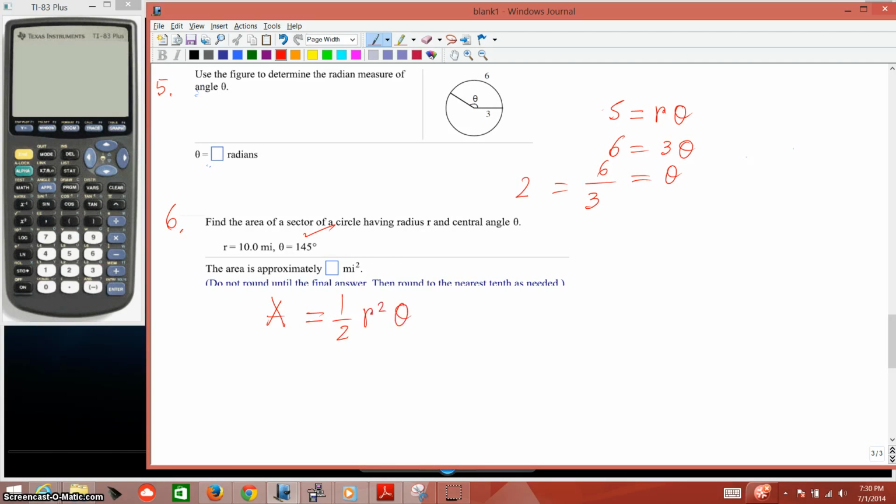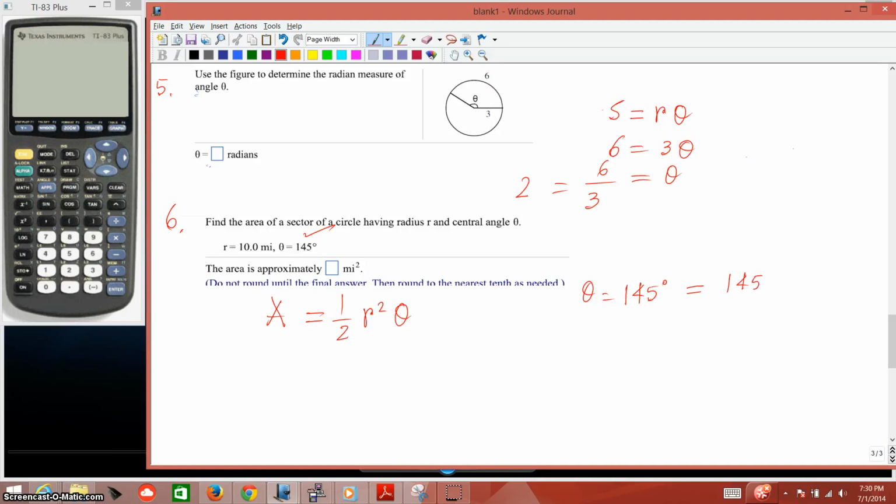If you just punch it in the calculator, you will get an incorrect answer, because you have to convert your theta to radians. That's the keyword: it has to be in radian value.